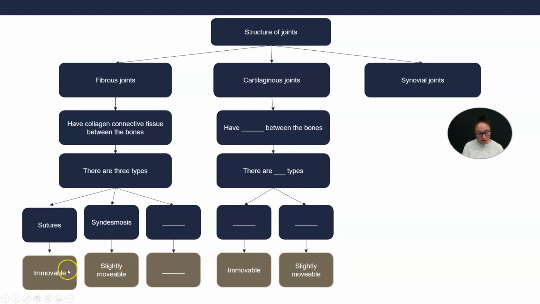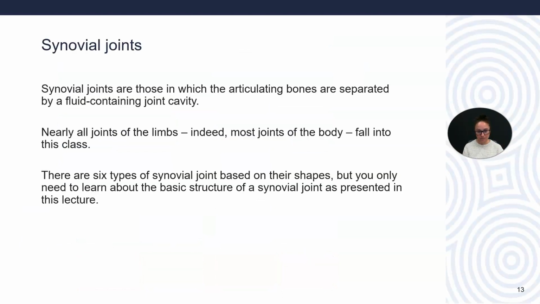Remember, we're looking at the bottom row, how much they move. You have 3 options: immovable, slightly movable, and the last option is freely movable. They are the 3 different terms that we use to describe them.